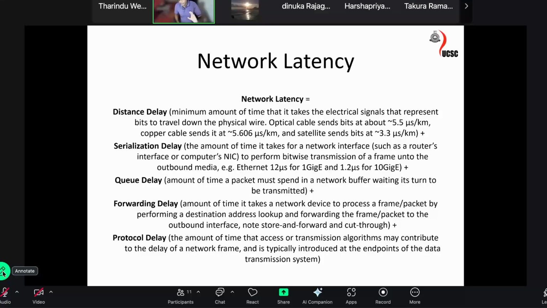But there is another advantage as well, because it is possible to reduce the serialization delay by increasing the bandwidth. That is another side effect of increasing the bandwidth. So for low latency networks, maybe you have noticed they are using large pipes, which is 10 gig, 25 gig, 100 gig for the data centers.